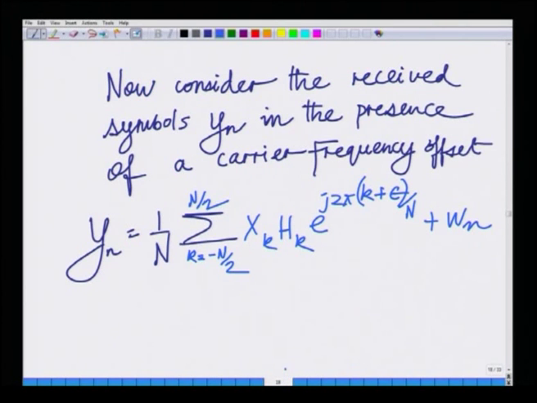There should be n over here. This is the original expression we had.